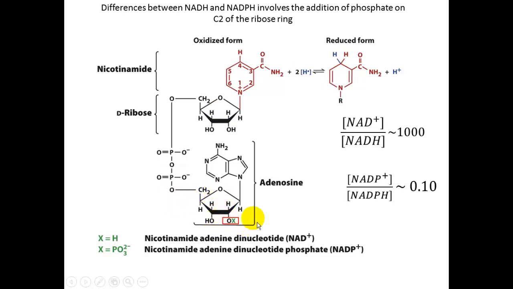However, if you look here at this sugar side of the NADH or NADPH molecule, you have a portion here that could either be an H, in which case it's going to be NADH, and the oxidized form is NAD+, or that X could be an inorganic phosphate. In that case, the phosphate would go here, and this would be NADPH. The oxidized form would be NADP+.